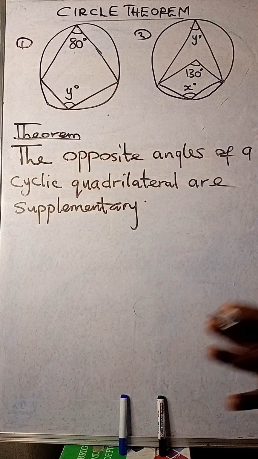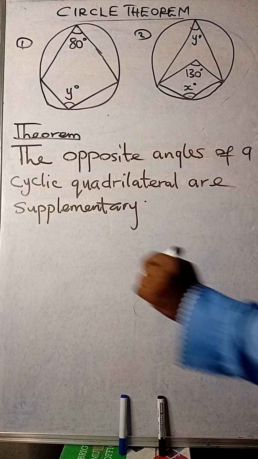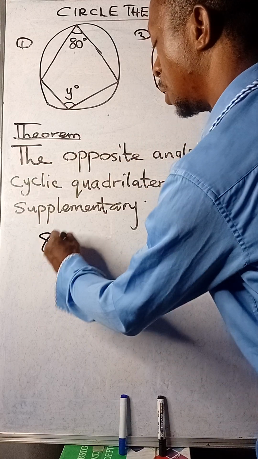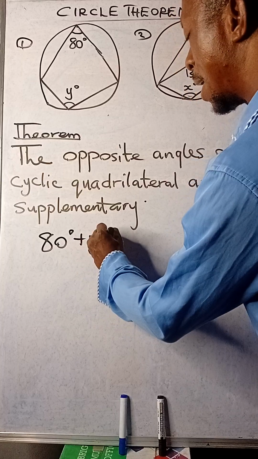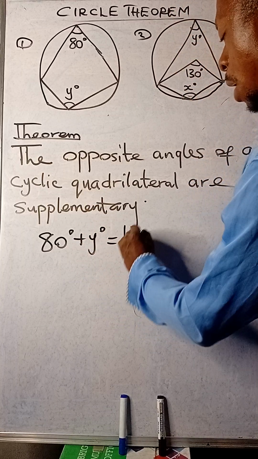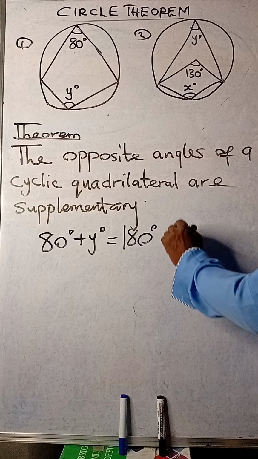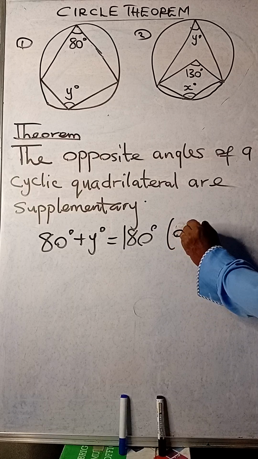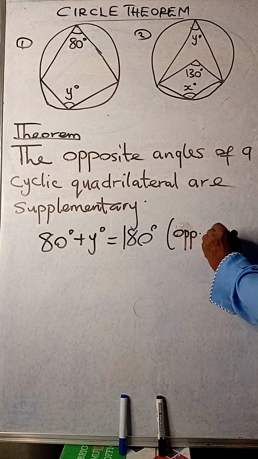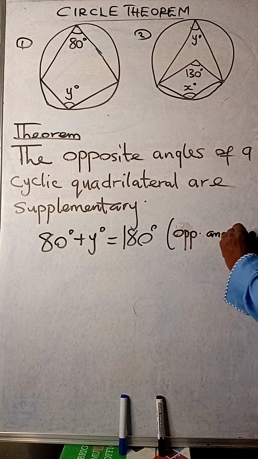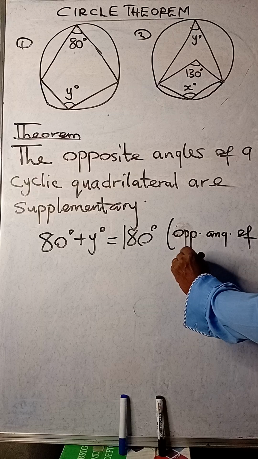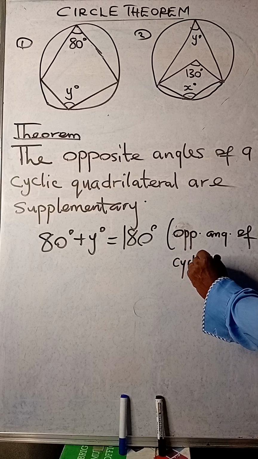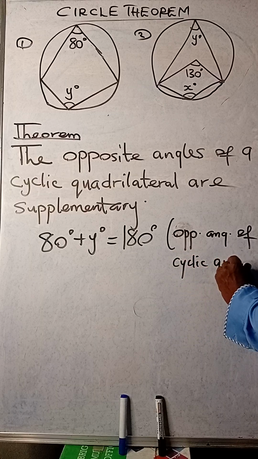So we say that, in simple form, in this kind of question, you don't need to waste your time. Just apply the theorem. So we say that 80 plus y degrees equals 180. Reason: supplementary, or opposite angles of a cyclic quad.